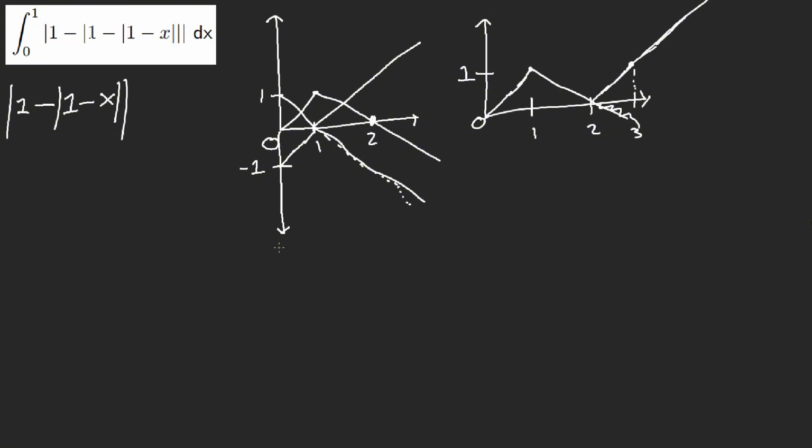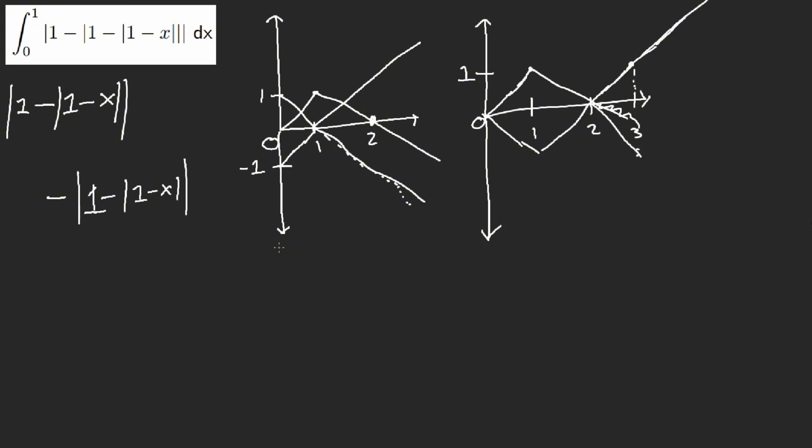But then we have to do it again, because we have this portion again. So we have to do negative. We have to reverse it.